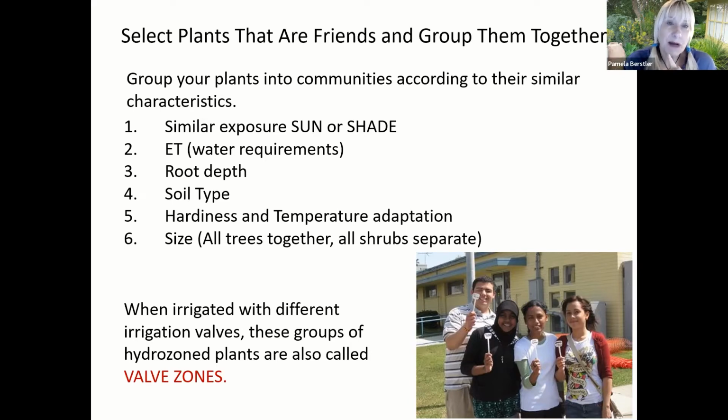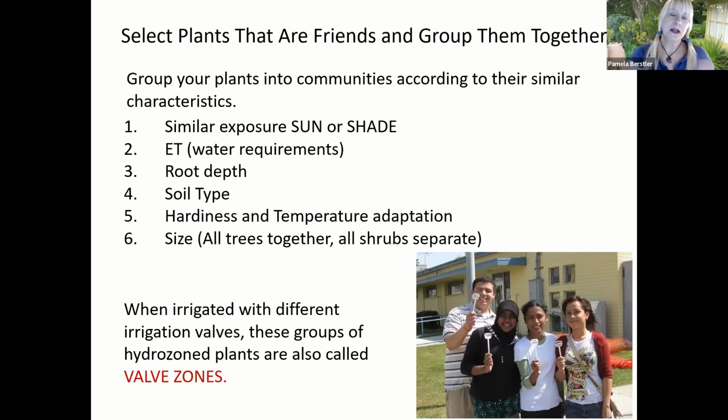So one thing might be by root depth. A good hydrozoning practice, especially in times of drought, is to prioritize deep-rooted plants that are taking a long time to grow, like trees and large shrubs.